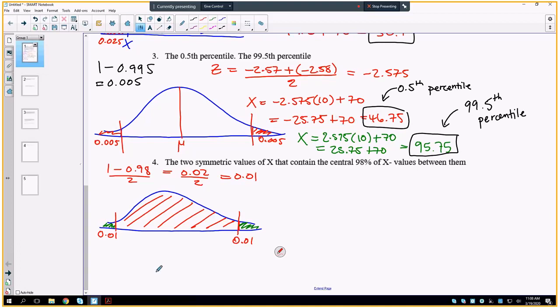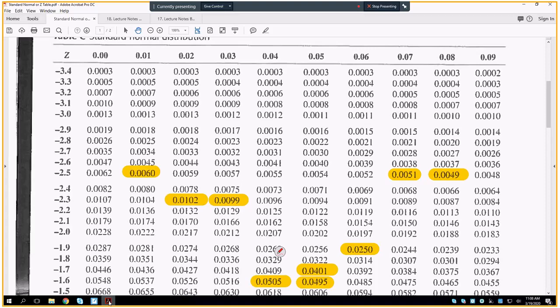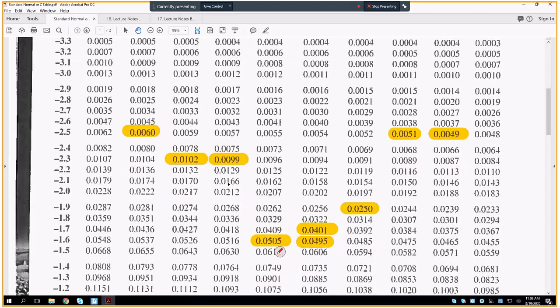We go to our normal table. We're looking for 0.01. So I scroll down, and again I find I don't have exactly 0.01, so I know I'm going to take the average of these two values, and these are minus 2.32 and minus 2.33. Back to my problem.